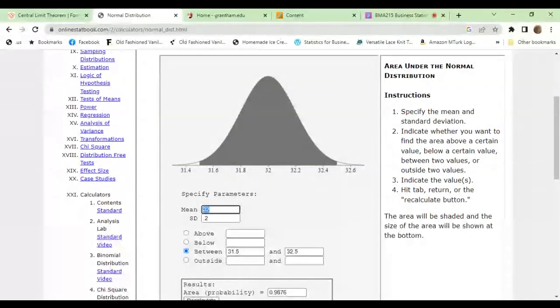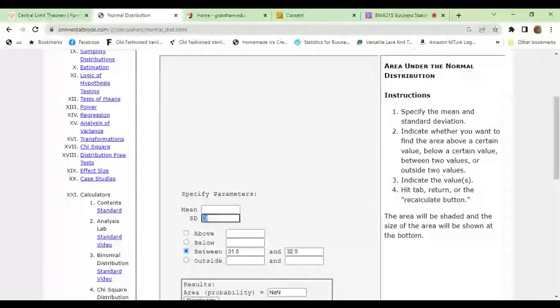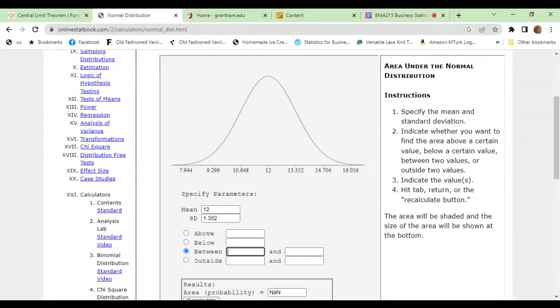All right, I have a normal calculator, and let me just erase all this so we start fresh. You don't have to, but we're going to start with our mean, which was 12 pounds. Our standard deviation is 8 divided by the square root of 35, which was 1.352. And we want it between 8 pounds and 20 pounds.